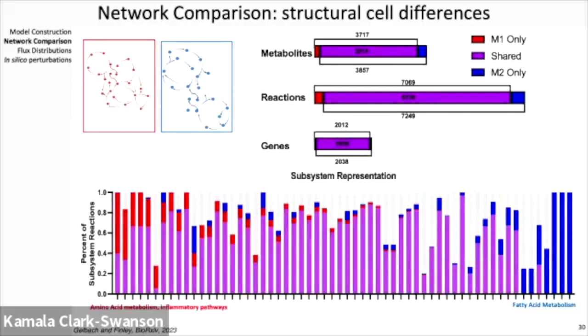And so we can look at the metabolic pathways that are represented by those differentially present or absent model components, and we see amino acid metabolism and inflammatory pathways come up as present in the M1, and fatty acid metabolism come up as M2, which is kind of a sanity check that we're getting reasonably supported information as a result of this model generation from the data.